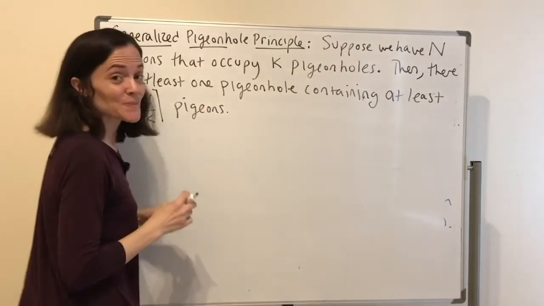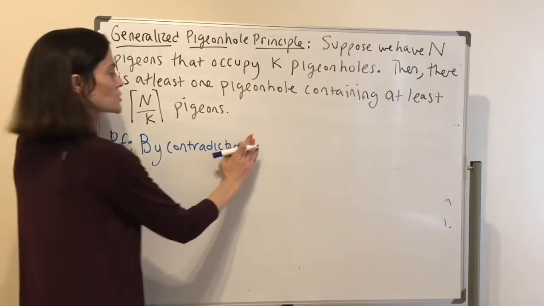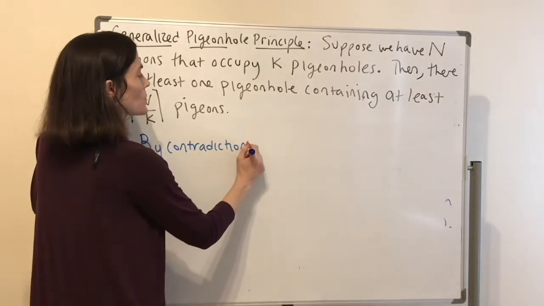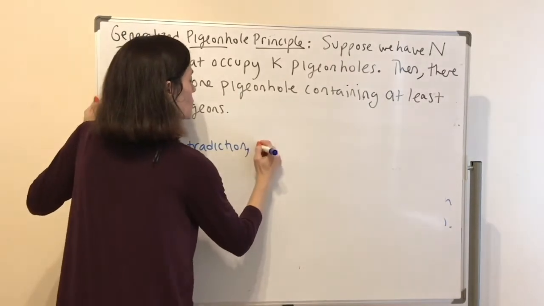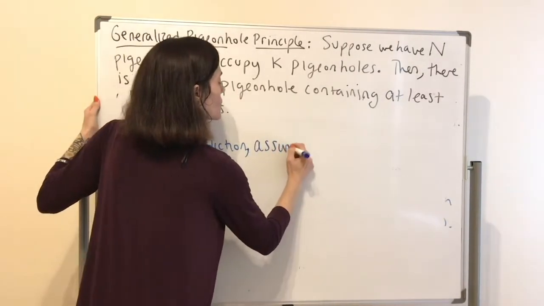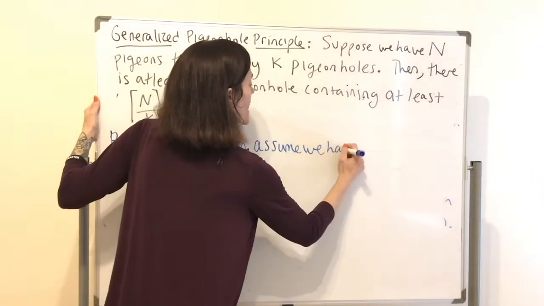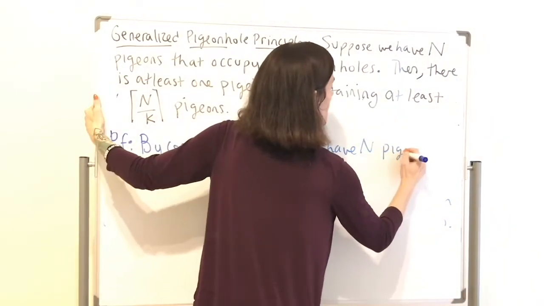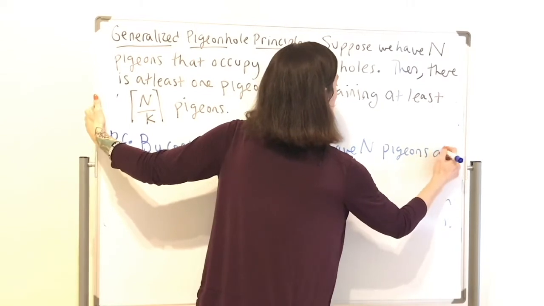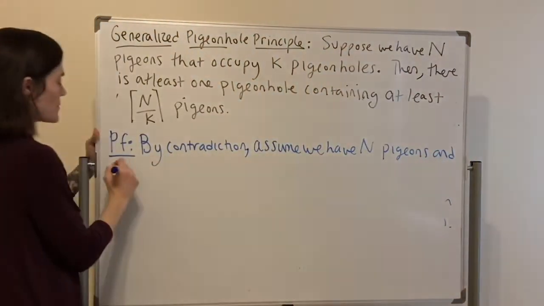Okay, now let's prove this. But by contradiction, what do we assume? We have N pigeons and K pigeonholes. We have capital N pigeons, and we have K pigeonholes.